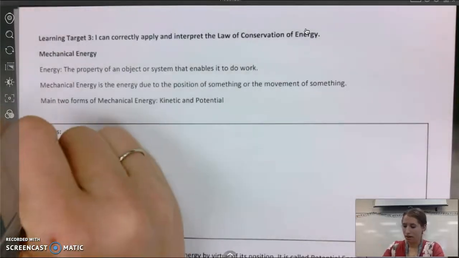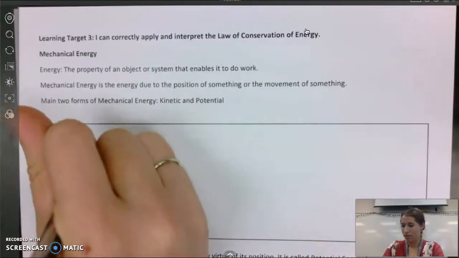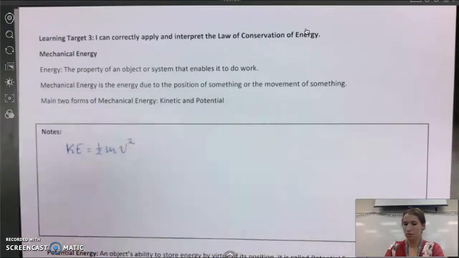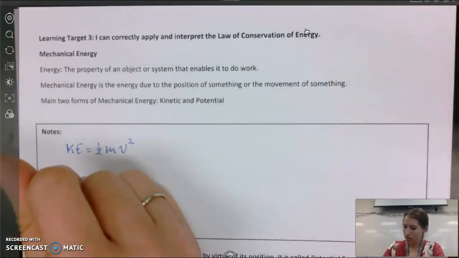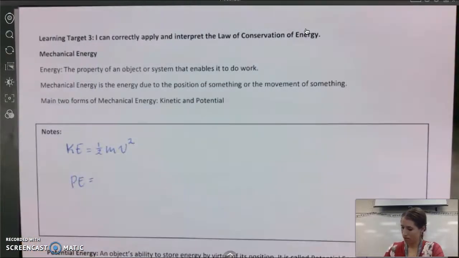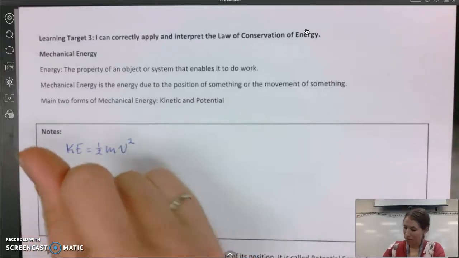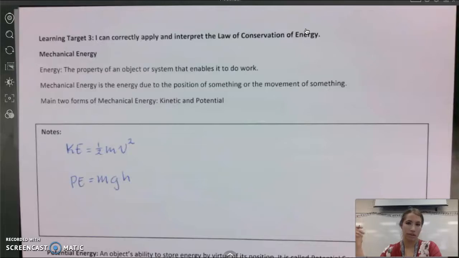So we have our kinetic energy, which is 1/2 mass velocity squared, okay? So that's our base equation for kinetic energy, and then we'll have potential energy, which is mass, acceleration due to gravity, and then the height of the object, okay?